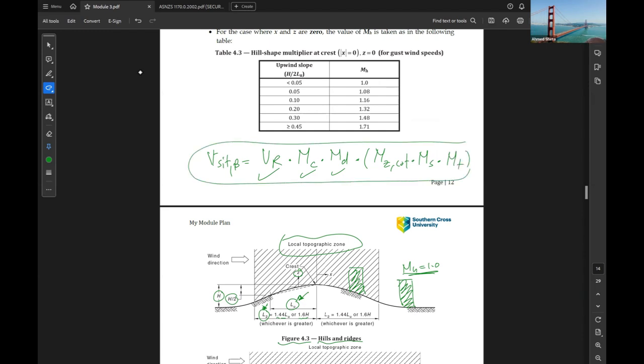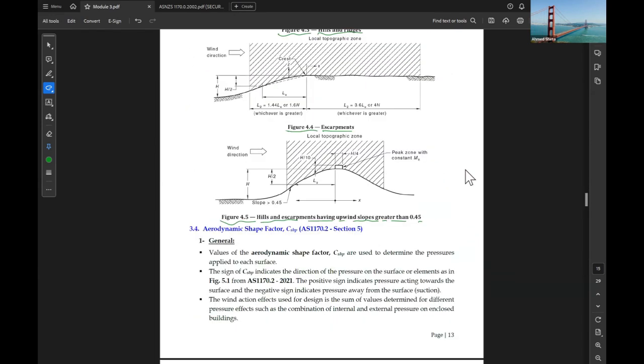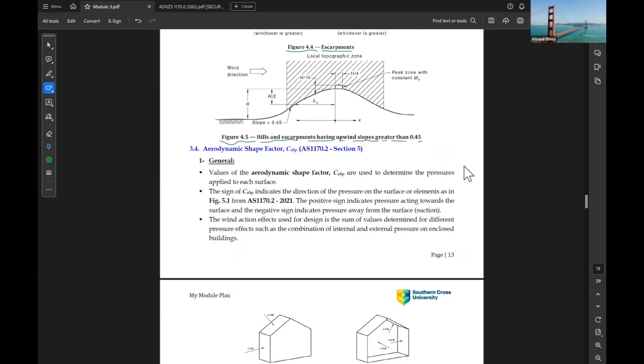After we get all these factors, we get the site wind speed, and from the site wind speed we get the design wind speed. Okay, so after we get the design wind speed, what is the next step? The next step is to find the aerodynamic shape factor C shape.